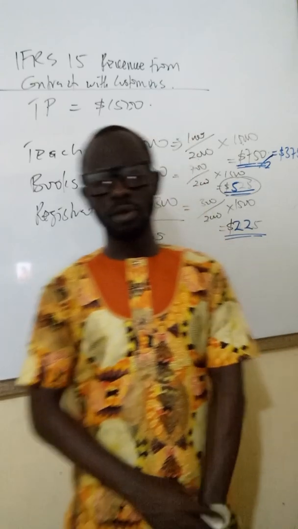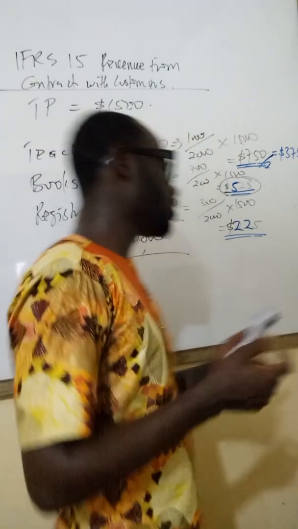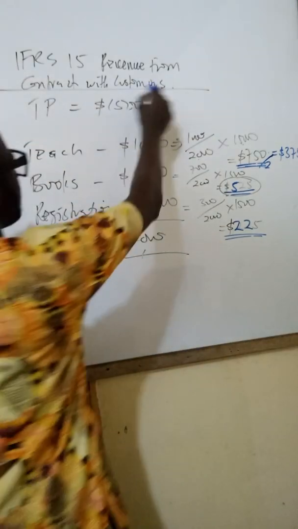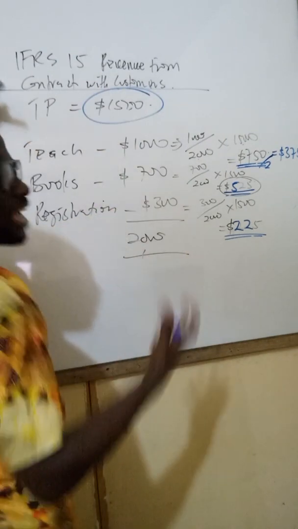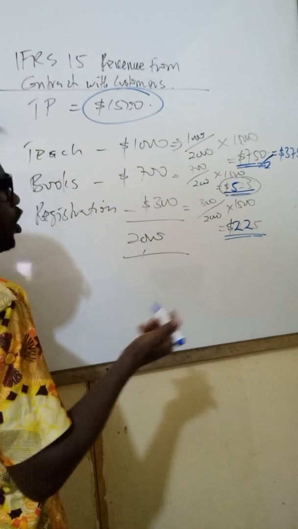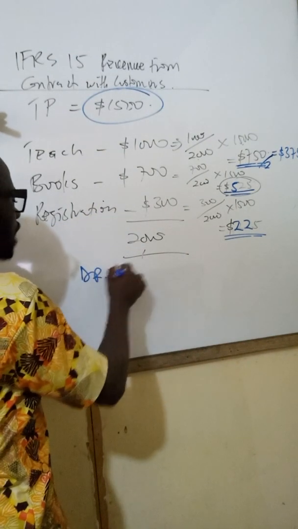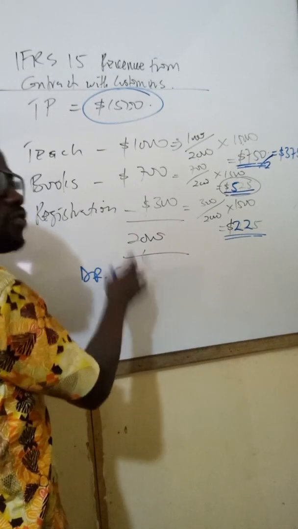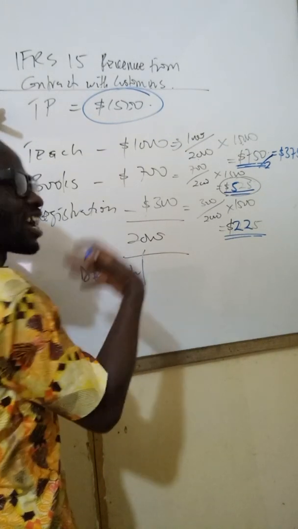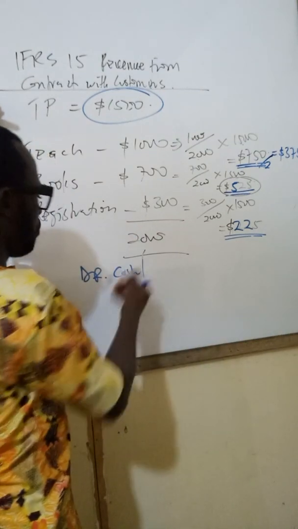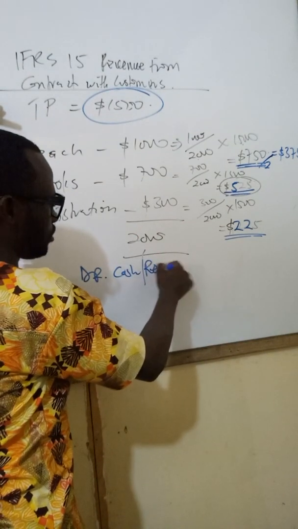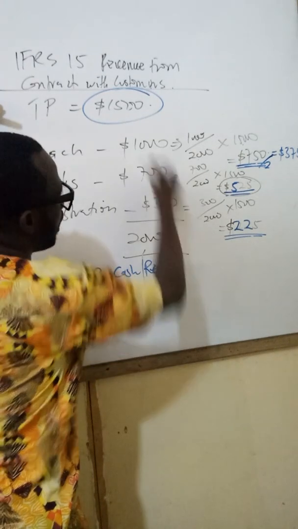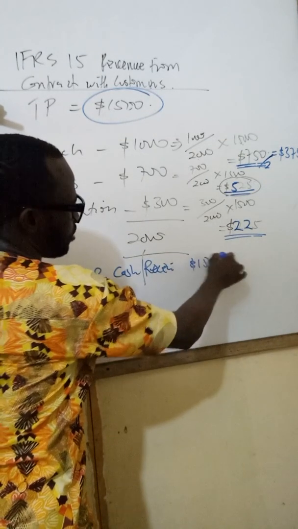So for double entry purposes, what are some of the things that we need to do? For instance, if we receive this 1,500 at the signing of the contract, we can debit our cash book. That is if we receive the money. But if we didn't receive the money, but the contract has been identified, we can debit the receivables account with the 1,500.